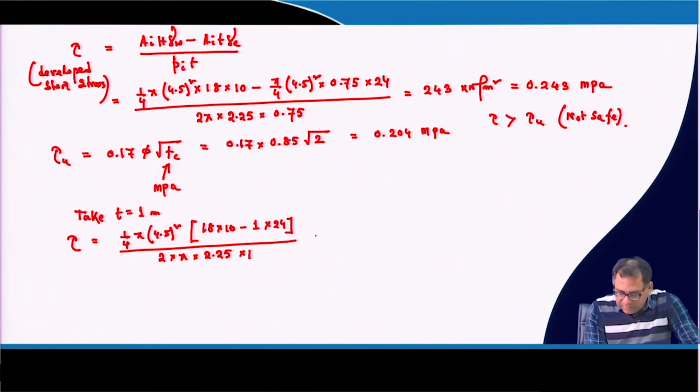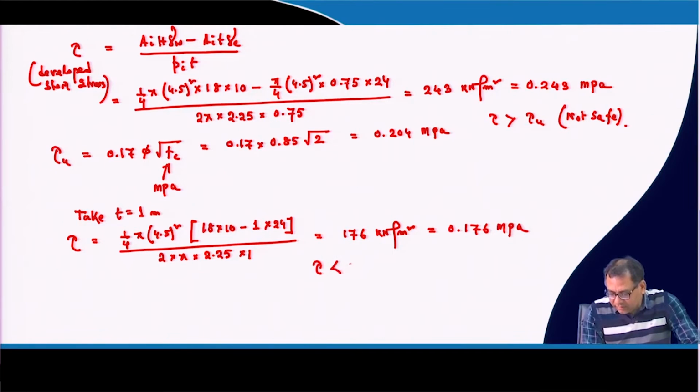So, that means it is coming out to be 176 kilonewton per meter square or 0.176 MPa. So, now tau is less than tau u.